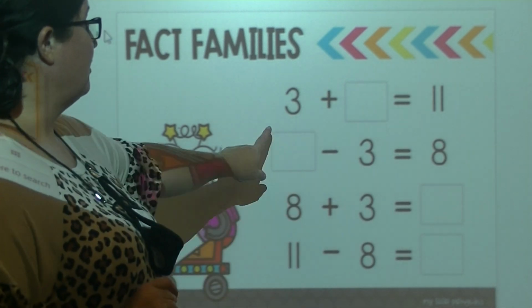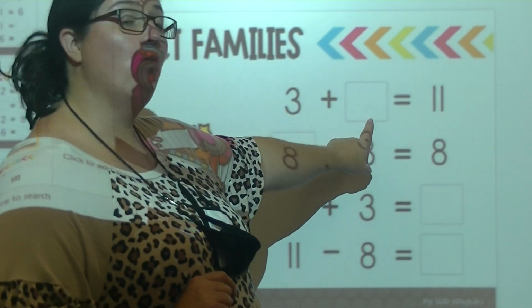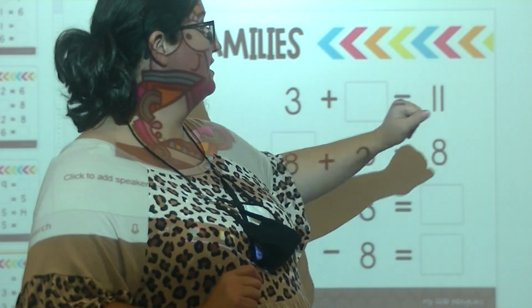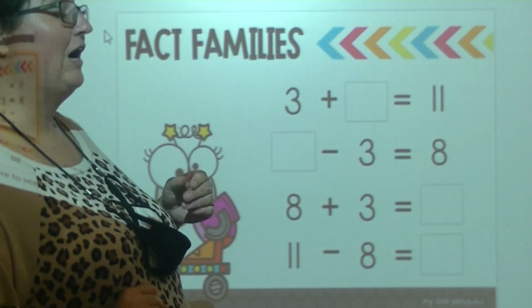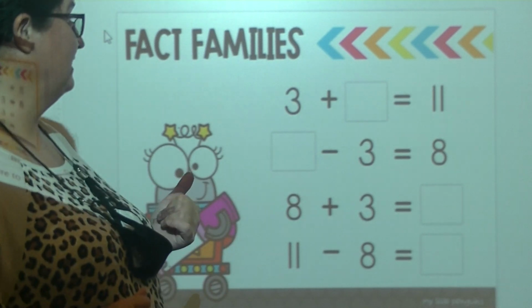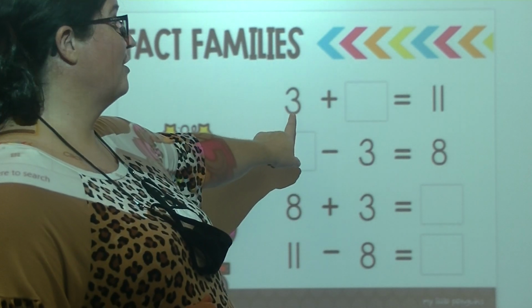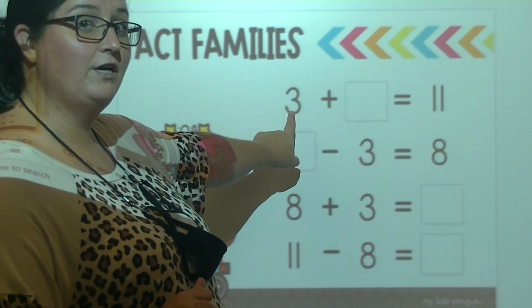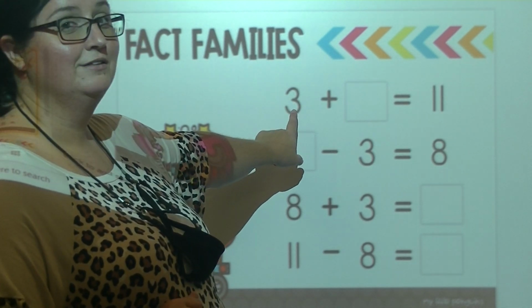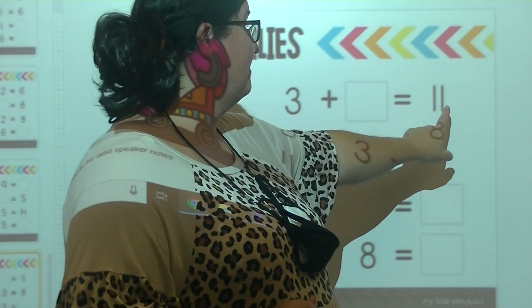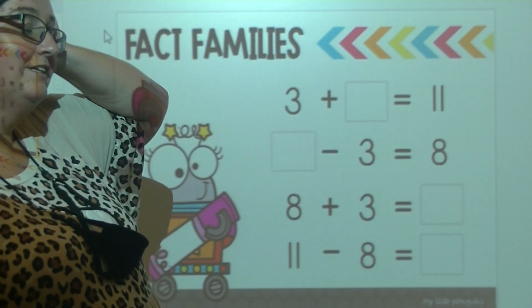All right, so 3 plus what number equals 11? All right, we just learned how to do this. So we start with 3 and count up to what number, boys and girls? 11. 3 in your head. Count up.